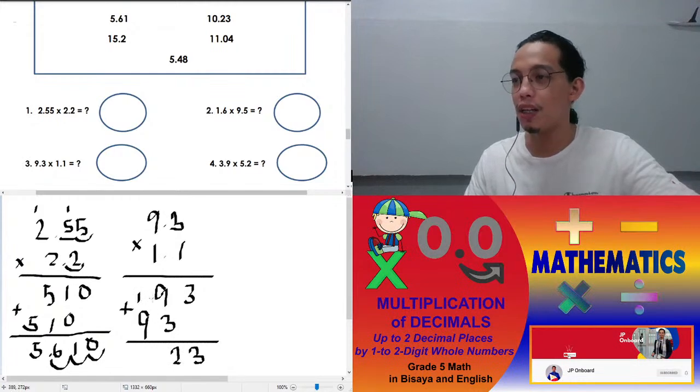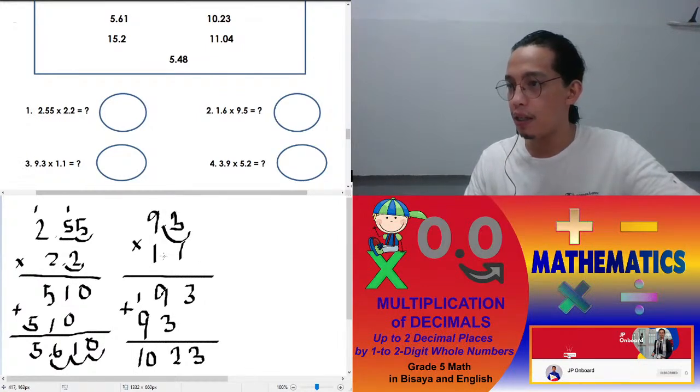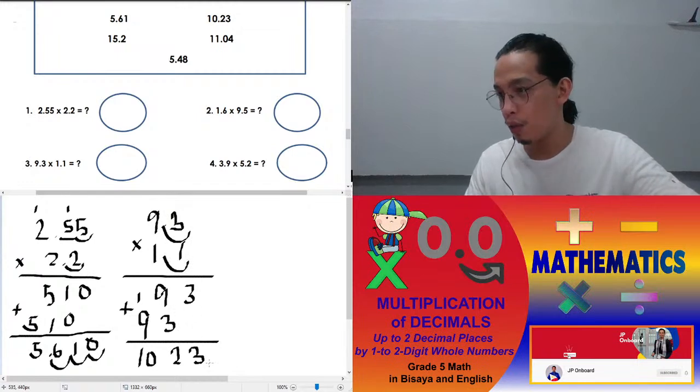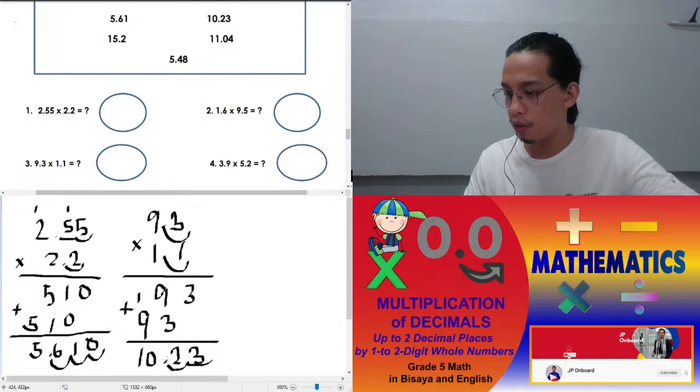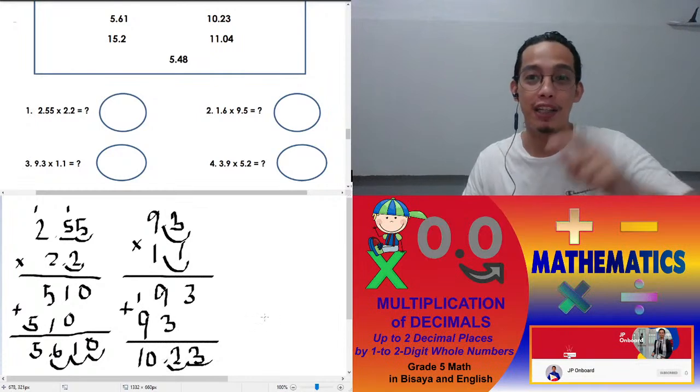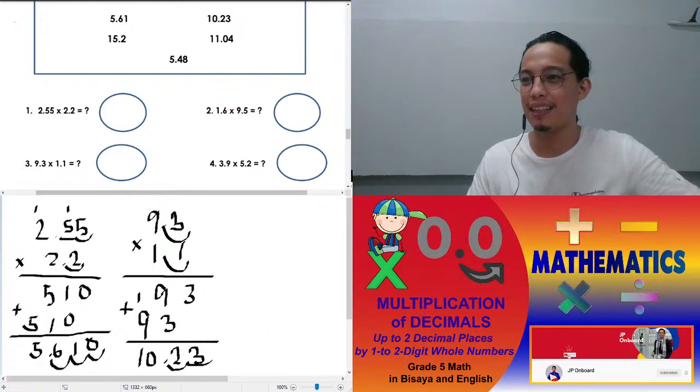Carry 1. 1 plus 9 is 10. And then we count the number of decimal places in the factors. We have 1, we have 1. Applying it to the product, 1, 2. The answer is 10.23, and then we have that in the box. That's how you do it.